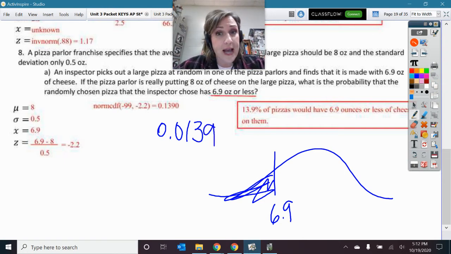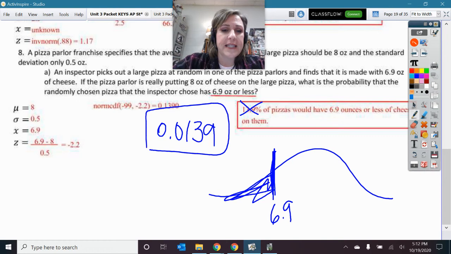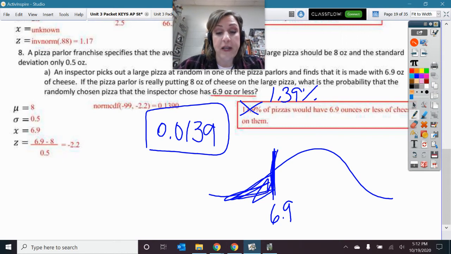Because if this pizza is an outlier, I should use common sense. 13.9% doesn't seem right. That doesn't seem like an outlier. Unusual is less than 2.5%. So if I did that, it was really 1.39% of pizzas have 6.9 ounces or less.